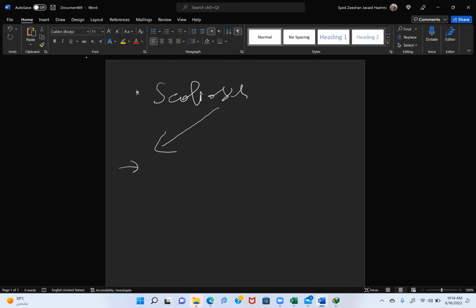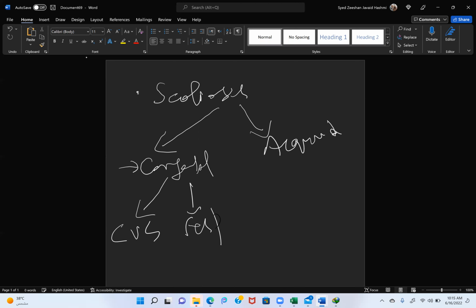First of all, you identify whether the scoliosis is congenital or acquired. This is one thing, because if it is congenital, there are more chances of the cardiovascular and respiratory systems being involved.